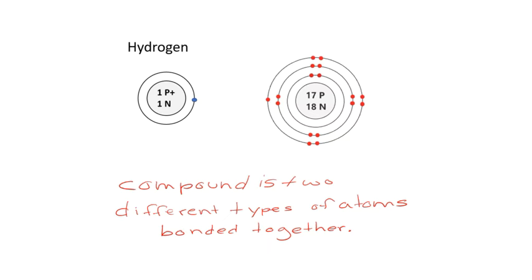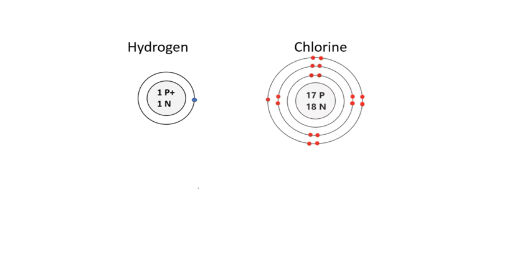So here we have a hydrogen atom and a chlorine atom. And you'll notice we had talked about valence electrons before. Hydrogen here has one valence electron.